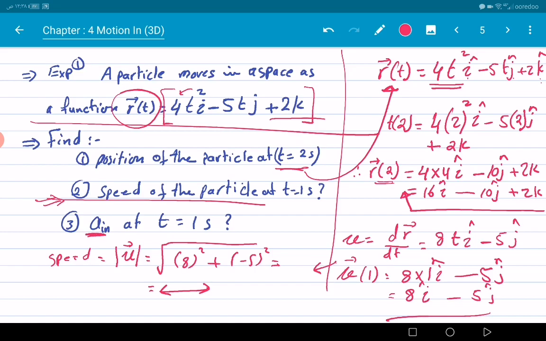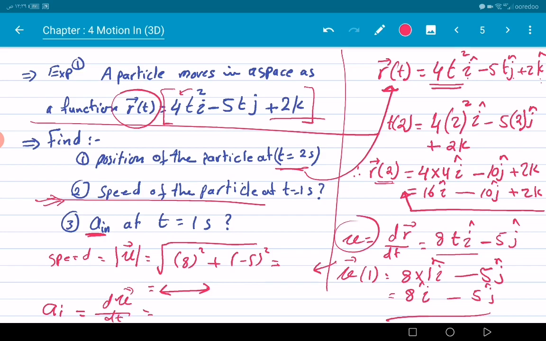Instantaneous acceleration, so it's easy because the velocity is already done. The acceleration is equal to dv divided by dt.